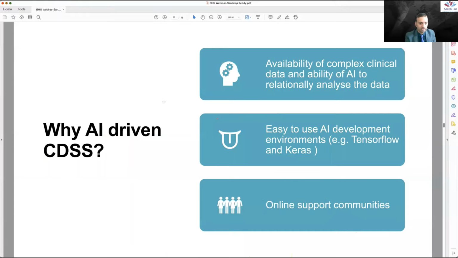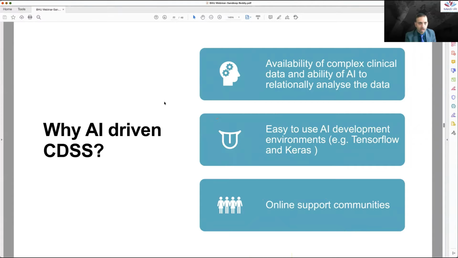Now, why should we consider AI-driven clinical decision support systems, both from an entrepreneurial point of view and from a health point of view? That's because of the availability of complex medical data. At this stage, there is no medical doctor in the world who can put their hand on their heart and wholeheartedly say they know everything about their subject. There is a huge amount of medical data and medical knowledge out there, and no doctor can say they know all about everything.